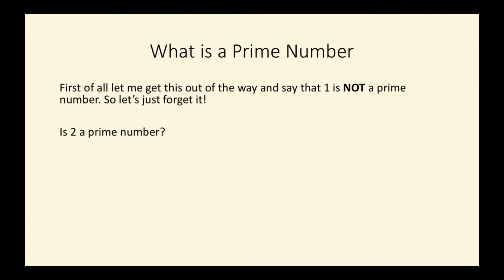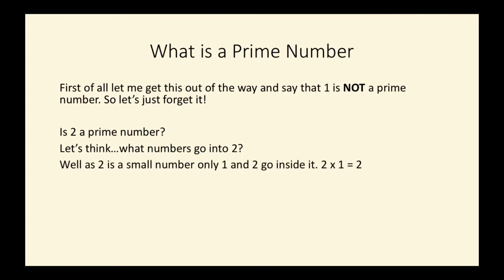So, is 2 a prime number? Now let's think, what numbers go into or inside 2? Well, as 2 is a small number, only 1 and 2 go inside it. Basically, 2 times 1 makes 2. So both 2 and 1 go inside 2, and are factors of 2. 2 divided by 1 is 2, and 2 divided by 2 is 1.